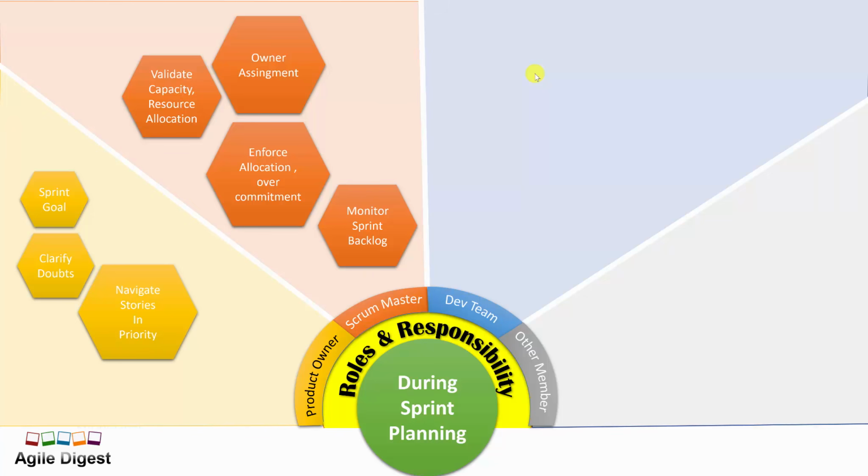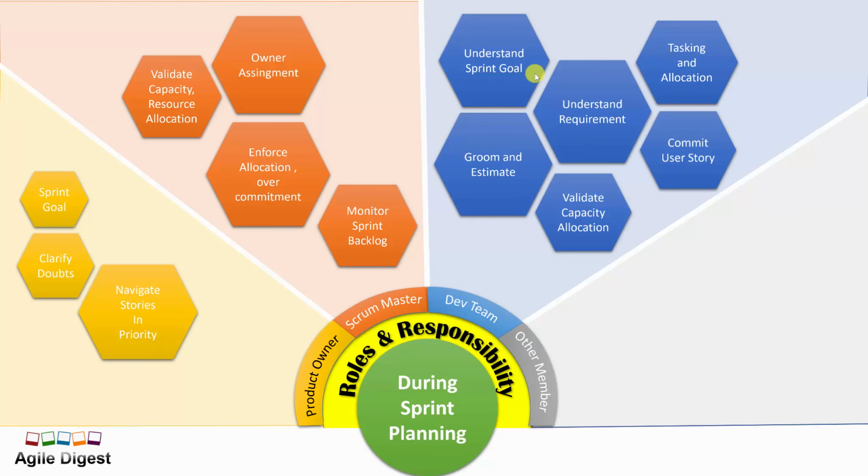Another responsibility is to enforce allocation over commitment. We have a capacity, so the Scrum Master facilitates and ensures that we are actually filling up our capacity, not overloading, not underloading. At the same time they monitor the sprint backlog, how it is emerging, because during sprint planning we are committing stories by stories, and we are building up our sprint backlog.